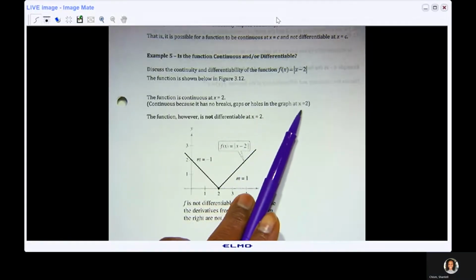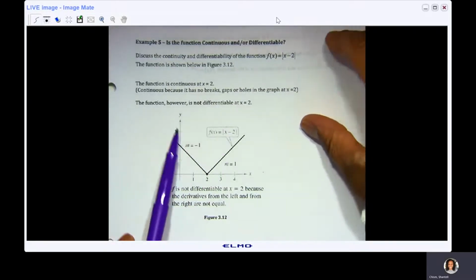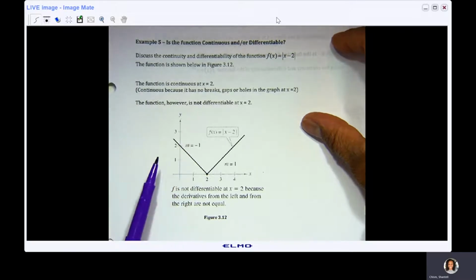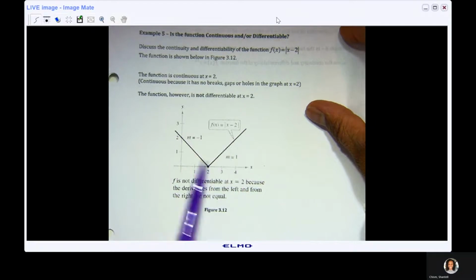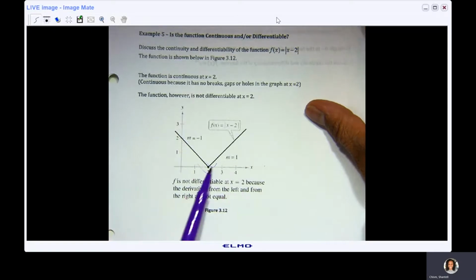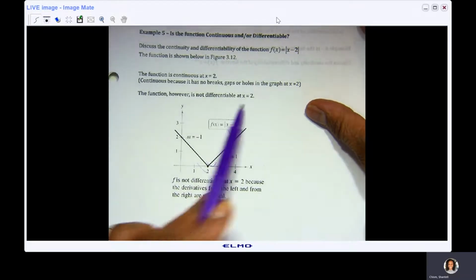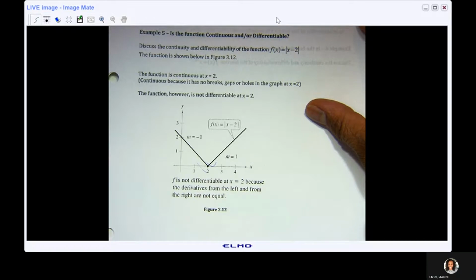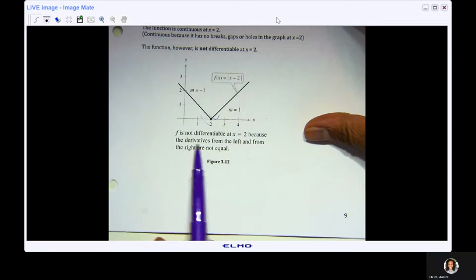So in this case, it is continuous, but note that it's not differentiable, because the left and right side limits are not the same. So therefore it is not equal. So the function is not differentiable at x equals 2, since the derivatives from the left and from the right are not equal.